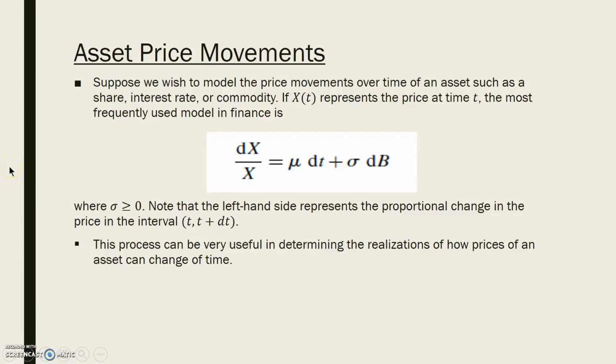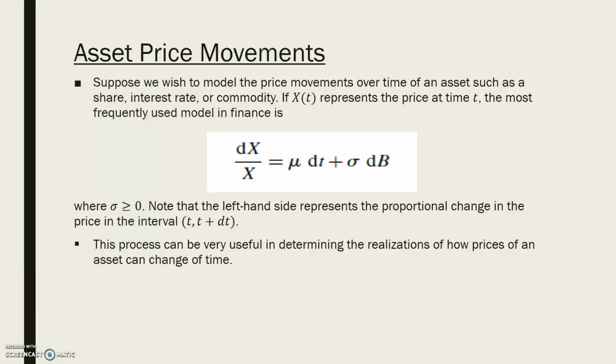Okay, so next we're going to talk about asset price movements. Suppose we wish to model the price movements over time of an asset, such as a share, interest rate, or a commodity. If X of t represents the price at time t, then the most frequently used model in finance is dX over X equals mu dt plus sigma dB, where sigma in this case is greater than or equal to 0, so it cannot be negative.